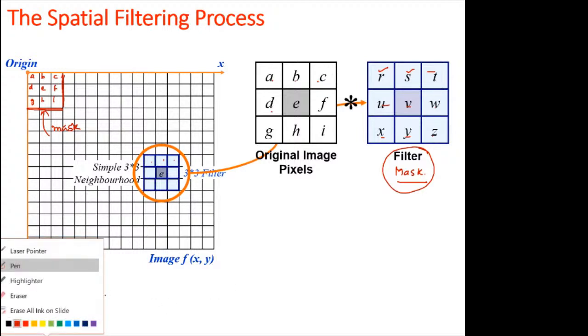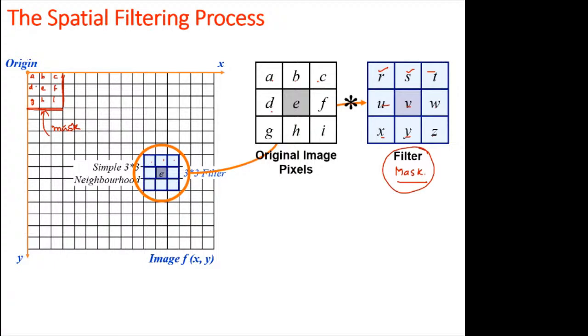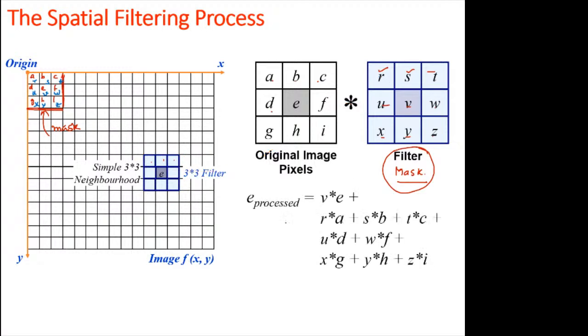Let us say the mask values are R, S, T, U, V, W, X. After you have put the mask here, you multiply A by R, B by S, corresponding pixels of the image and the mask. This is what you are required to do. The calculation is written here.